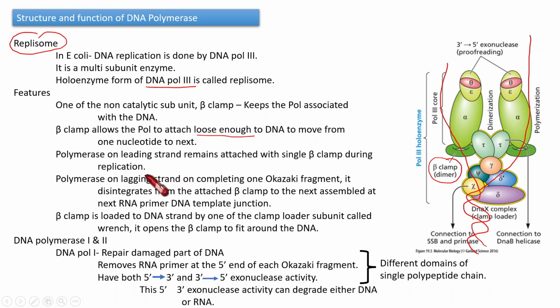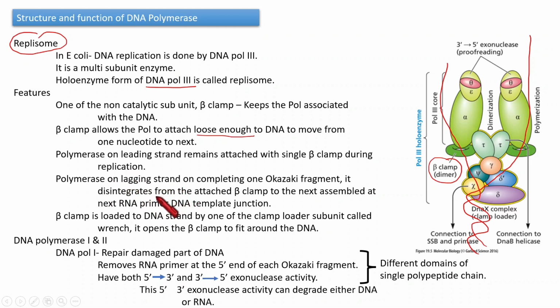But in the case of lagging strand, it cannot do like that, because there, on completing one Okazaki fragment, it needs to dissociate from that beta clamp and associate with another beta clamp that is assembled in the next RNA primer. So that is the way how the polymerase moves on the lagging strand.